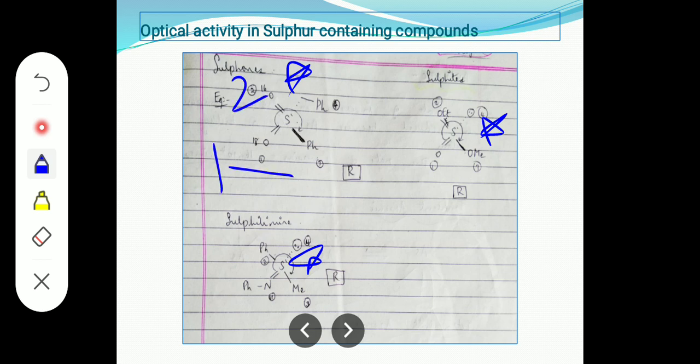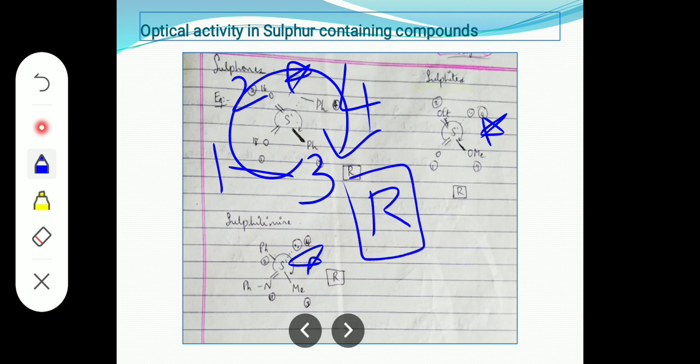Second is going to be O16. And between benzyl and phenyl, we are going to give phenyl as the third priority and the benzyl group as the fourth priority. So here you can see that the least priority is also on a wedge, so it's going to be clockwise direction, and we're going to give it the R configuration.